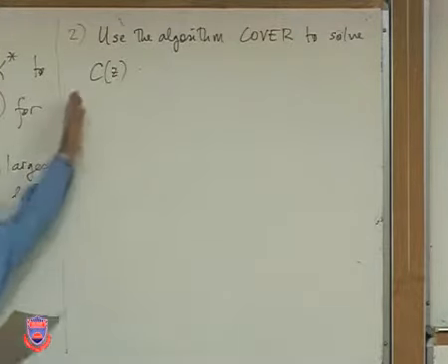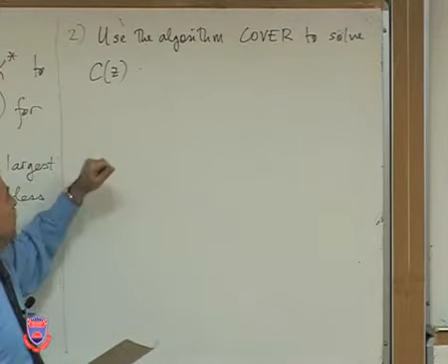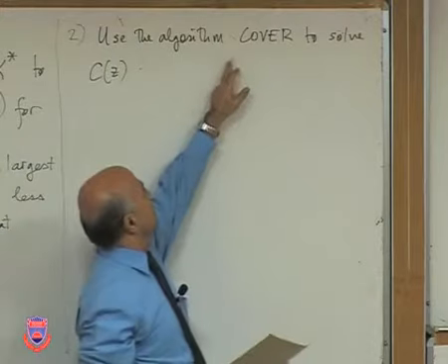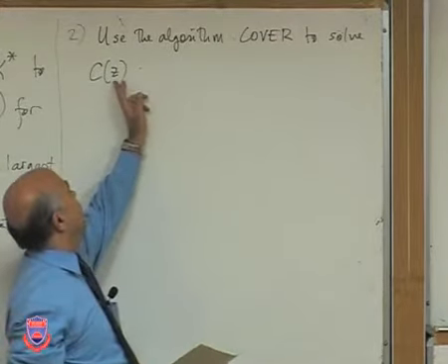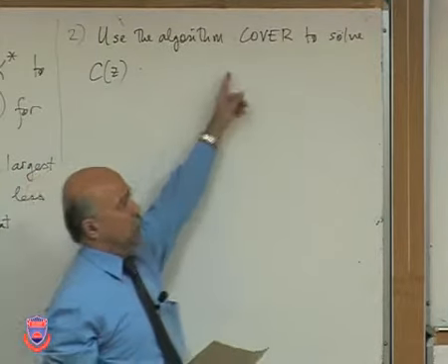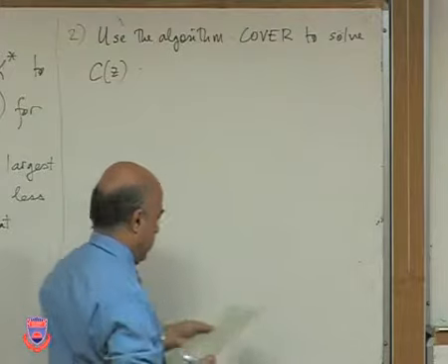I gave you the definition of C of z before, so I'll go through that one more time. But nevertheless, we'll put the covering problem C of z in such a way that it will actually be solvable by the algorithm cover. Okay?